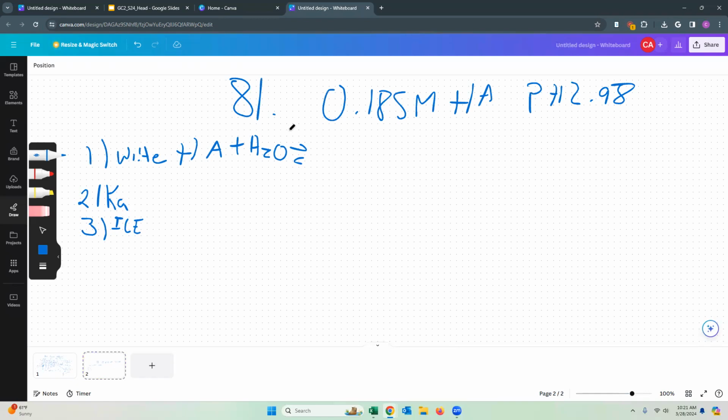All right, and I am going to go through it now. Remember, acid gives a hydrogen to water. So we have H3O plus, A minus. State symbols aq, liquid, aq, aq. Let's set up our ice table. ICE.